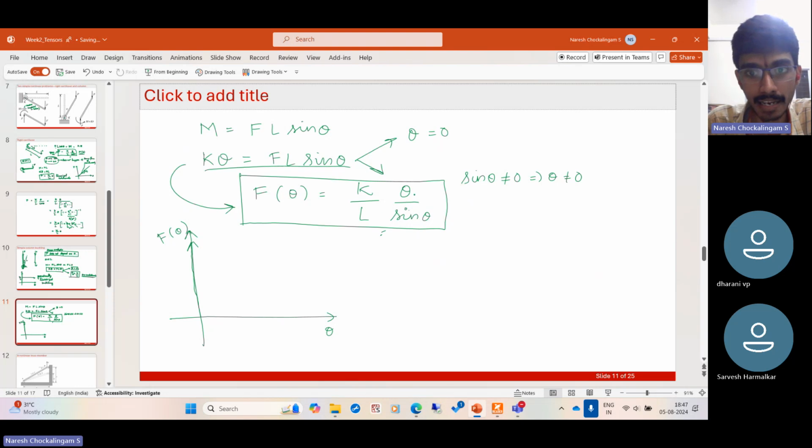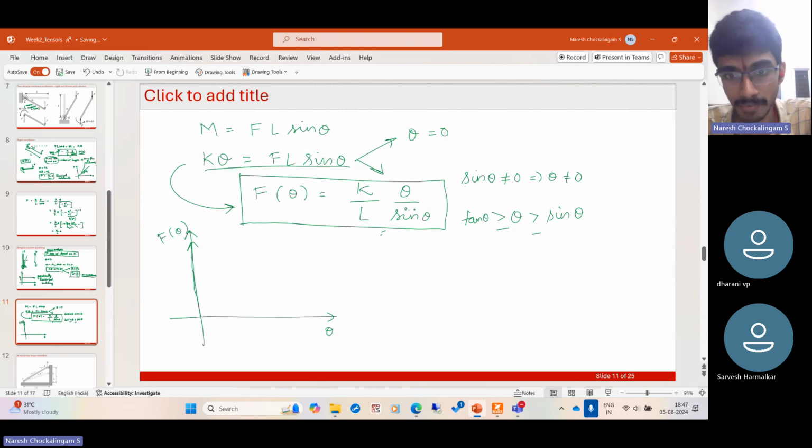Again, k by L theta is linear, but sine theta is also increasing in the first quadrant. So this is somewhat difficult to guess. But you know this relationship: sine theta is less than or equal to theta, which is less than or equal to tan theta.